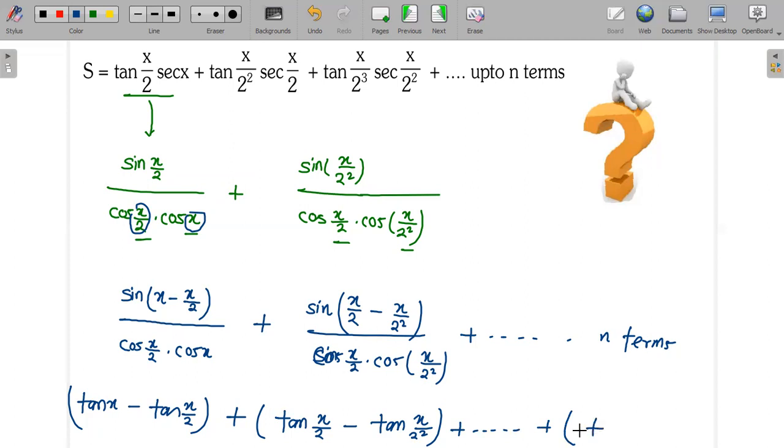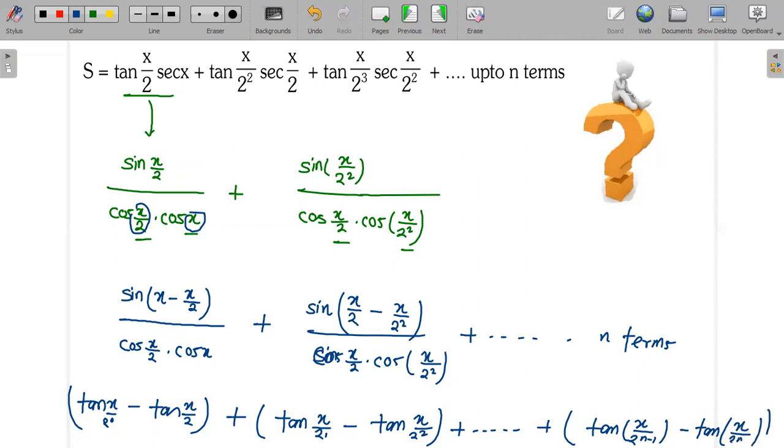So if n terms are there, can you guess what the argument corresponding to the tan angle will be? X by 2 to the power 0 is there as the first term of the first expression. X by 2 to the power 1 is there for the first term of the second expression. So by default, we'll have x by 2 to the power n minus 1 as the first term of the last expression, along with which we will obviously have tan x by 2 to the power n.